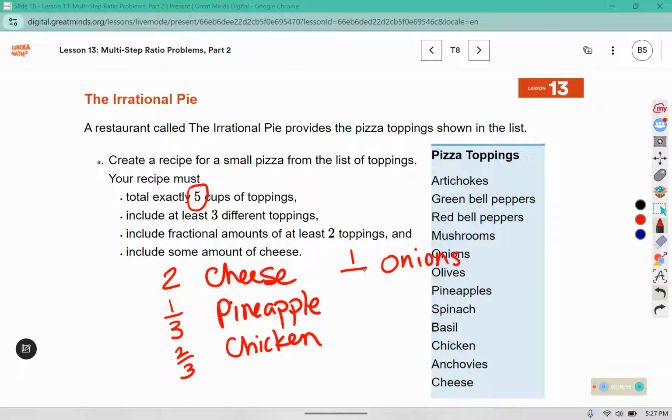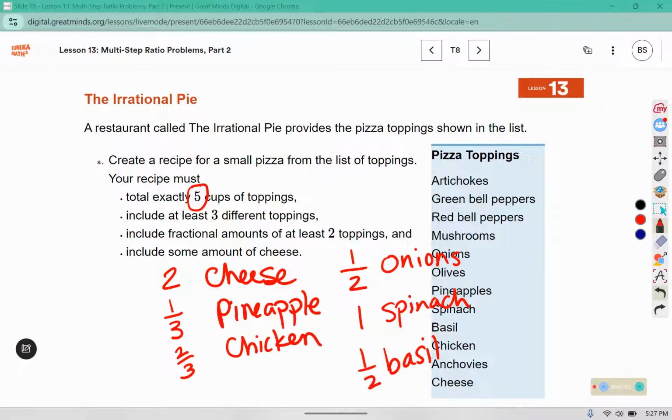I'll probably put a half a cup of onions. I also like spinach, so I'll put a cup of spinach. Let's see, I have 2, 3, 4 and a half. And how about some basil?